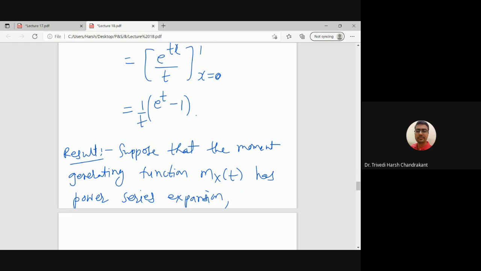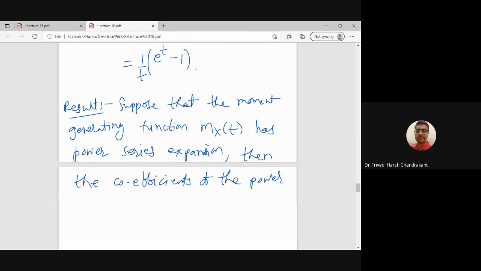So suppose that the moment generating function is analytic, that means it has a power series expansion. In that case, the coefficients of the power series give us the moments by the following formula.